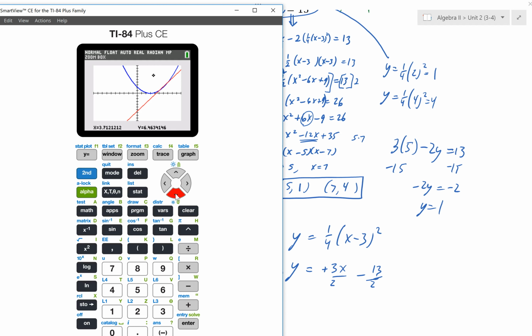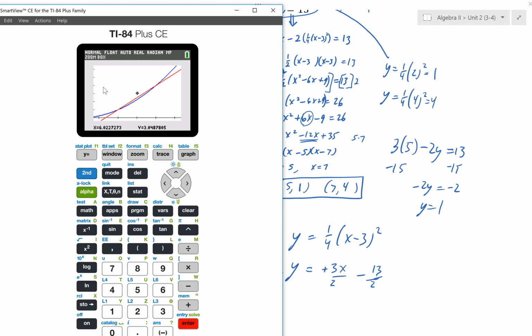So I'm picturing a rectangle that has its upper left-hand corner right about there, and then I press enter, and then I move diagonally to the lower right-hand corner, and this rectangle will become my new viewing window. Okay? And then I press enter. That's not a totally necessary step, but it just gives me a slightly better view.